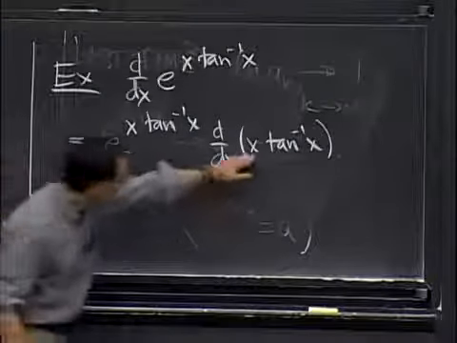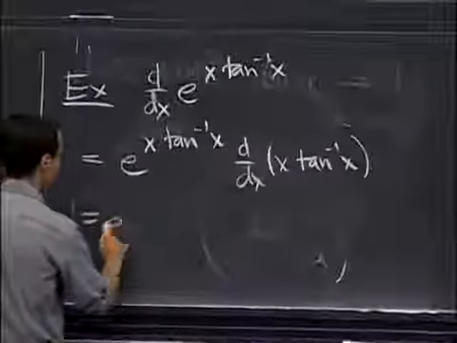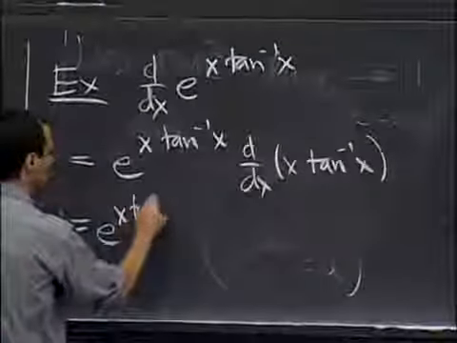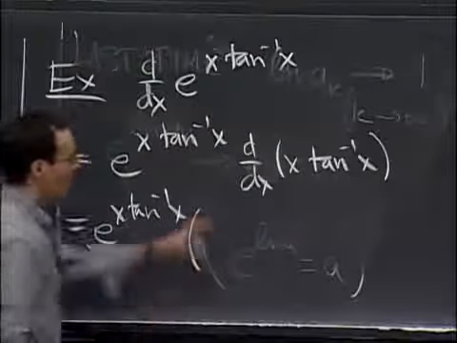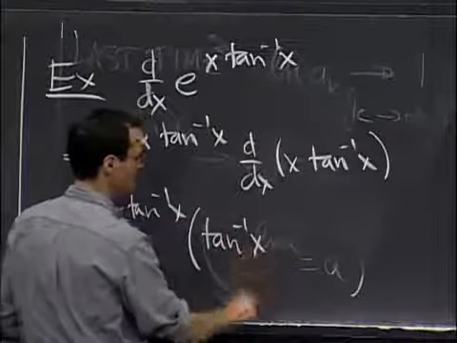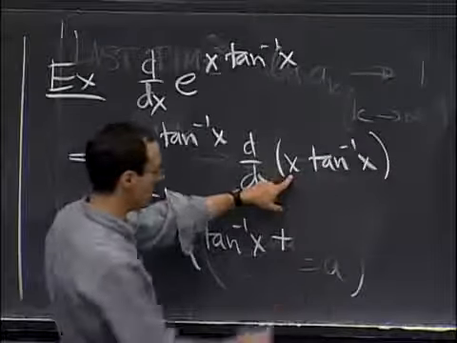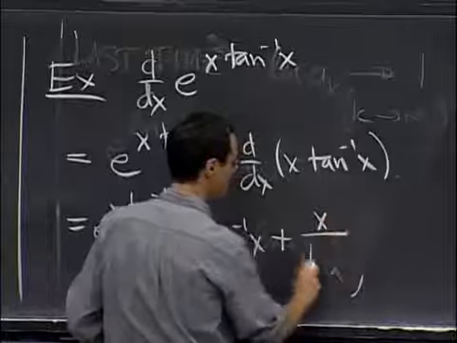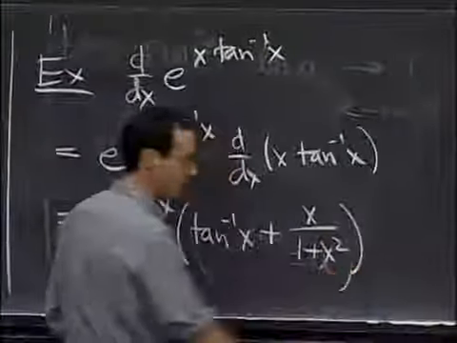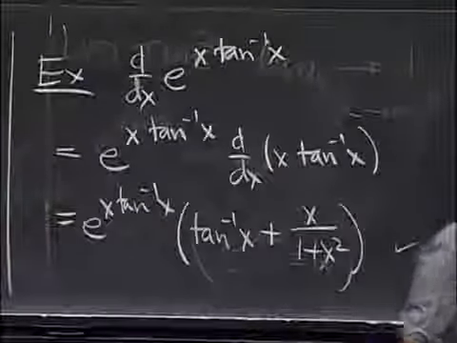And now I have to apply the product rule here. So I have e to the x tan inverse x. I differentiate the first factor, so I get tan inverse x. Add to it what happens when I differentiate the second factor, leaving alone the x. So that's x divided by 1 plus x squared. And that's it. That's the end of the problem.